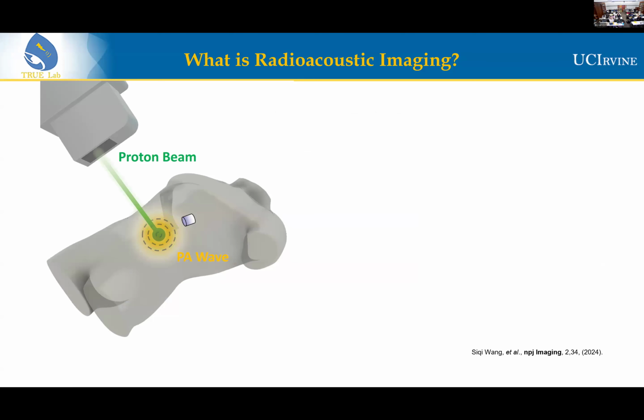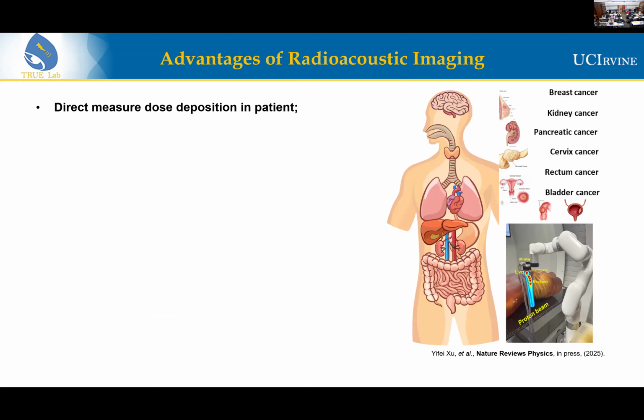So people are using those radiations already, and they are producing ultrasonic waves while you're treating the patient. So this signal is already there, just nobody really pays much attention to it. I was thinking, if we can pick up those sound waves, firstly we can visualize the radiation beam. Secondly, we can quantify how much dose is being deposited there. So that's how we got started.